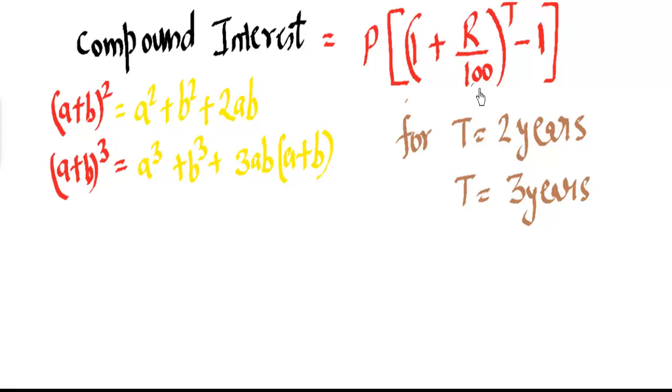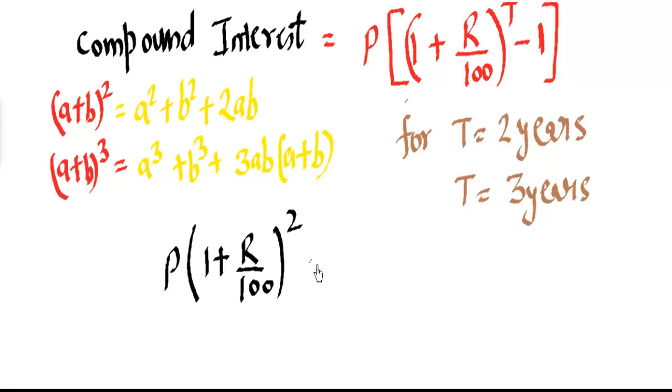for 2 years. And we all know the formula of (a plus b) whole square, that is a square plus b square plus 2ab. If we take a close look at this formula, if I put t equal to 2 years, then it will become P (1 plus r upon 100) to the power 2, minus 1.